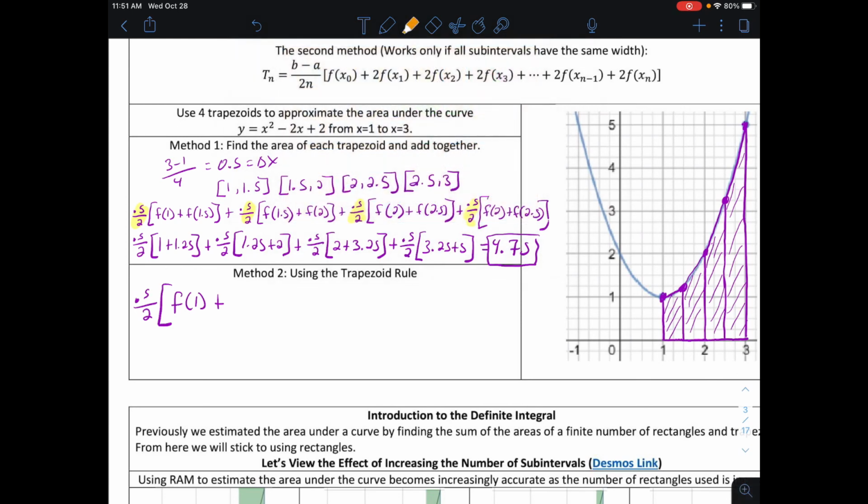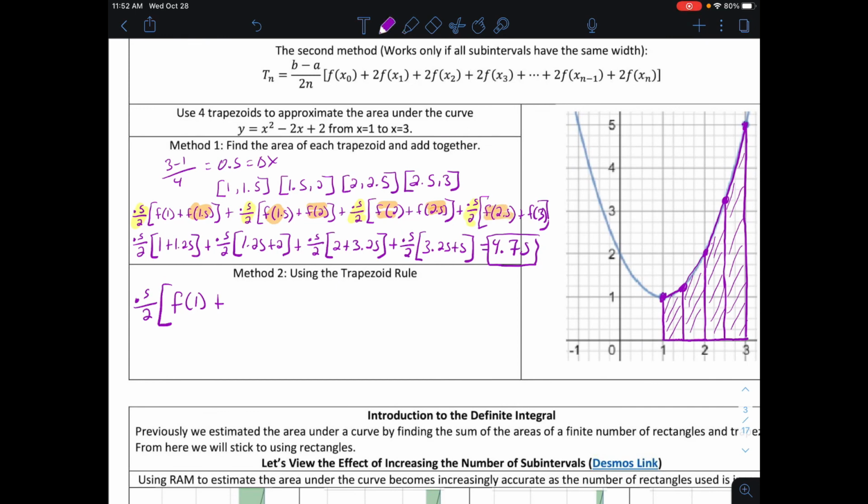the next thing that you'll notice is you're going to have some of these that repeat. F of 1.5 shows up twice. F of 2 shows up twice. F of 2.5 is going to show up twice. And I had an error in this interval, but I used the correct y values. That should have been f of 2.5 to 3, but now that's fixed.